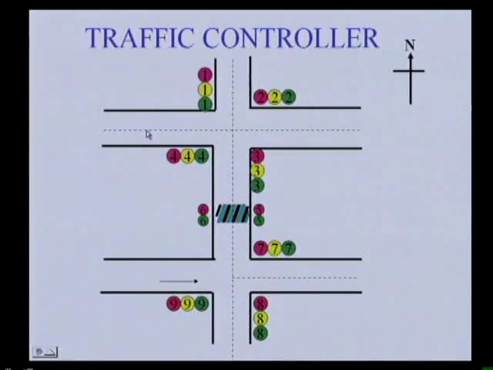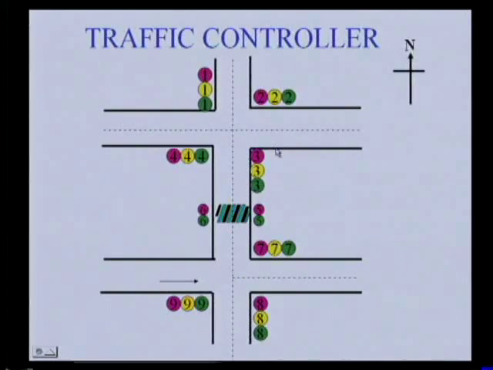So this is the diagram. In this particular case I am assuming two junctions, this is junction 1 and junction 2, and each junction has LEDs. I am using LEDs. In a practical circuit we can replace LEDs by high power bulbs with relays, and red color is used for stopping, yellow for waiting, green for moving, that is, traffic can move in that particular direction.